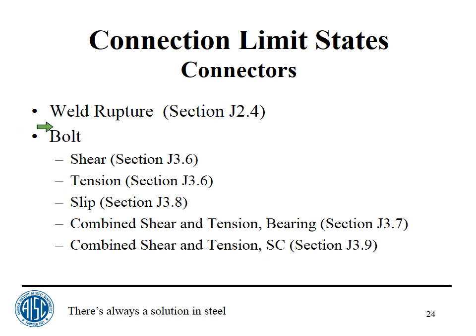For bolts, we'll be looking at bolt shear, bolt tension, slip critical connections, then interaction, shear and tension for bearing connections, and interaction, combined shear and tension for slip critical connections. And these are sections J3.7 and J3.9 respectively.